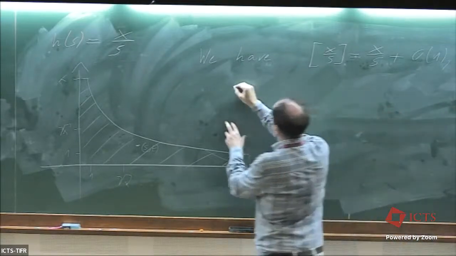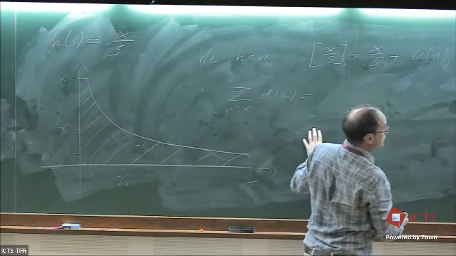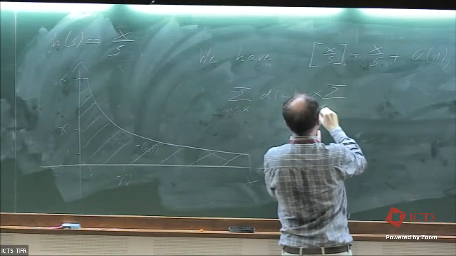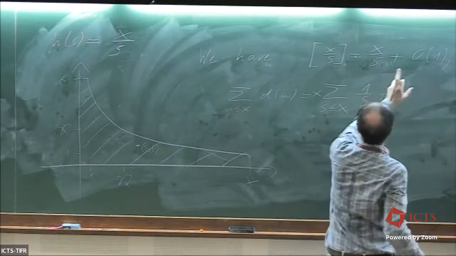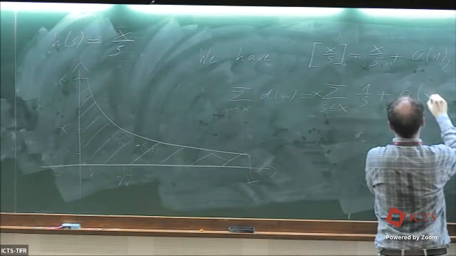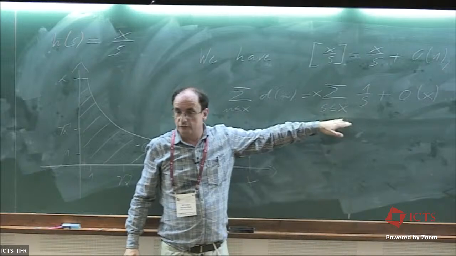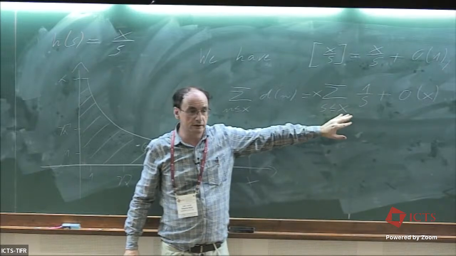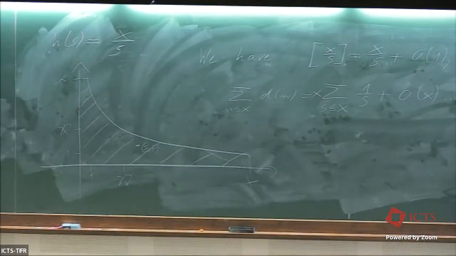So the sum over n less or equal x of d(n) is equal to x times the sum over s less or equal x of 1 divided by s, plus O of x. For that we have a good approximation, which can be bounded using the integral test. Now let's draw a picture. So here's our x.